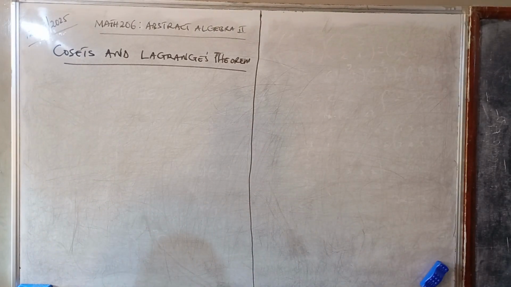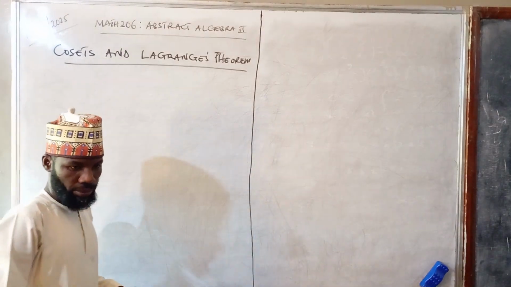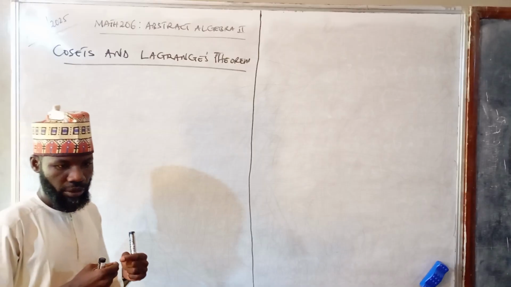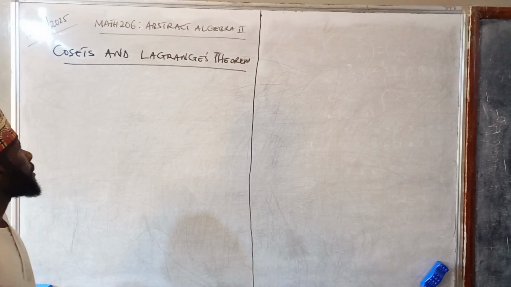So I'm going to introduce this: cosets is a partitioning of the group in terms of classes with respect to a particular subgroup.